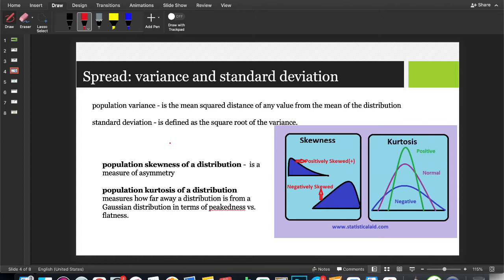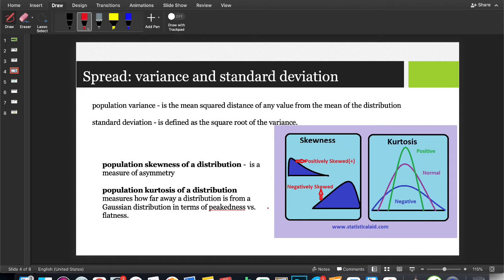So if a distribution is pulled out towards high values, meaning to the right, then it has a positive skewness. If it's pulled toward lower values, then it has negative skewness. If you have a symmetric distribution, say a Gaussian distribution, that means the skewness is 0.